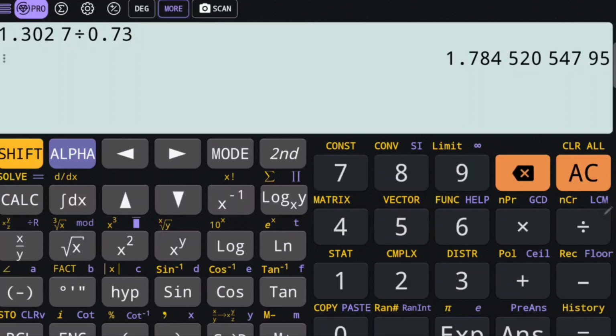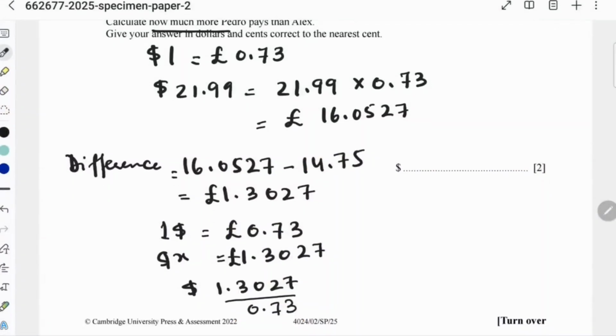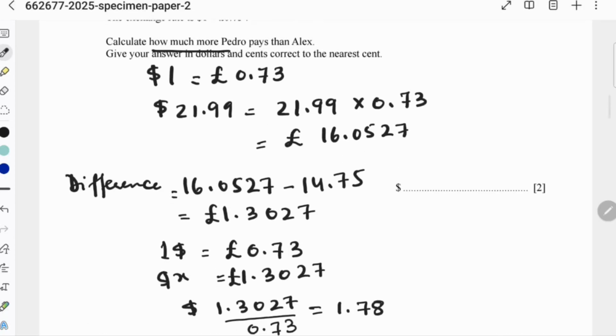That is becoming 1.78. So give your answer in dollars and cents, correct to the nearest cent. So that will be $1.78. Your cents are 0.78.